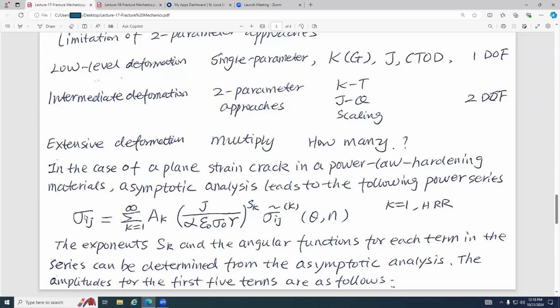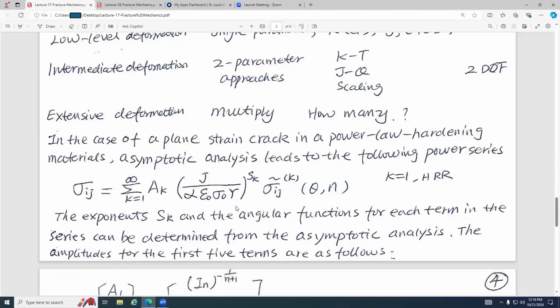This is sigma ij, okay? Sigma ij equals a sum over k from 1 to infinity, where a_k is a parameter, J is the J integral, alpha is a dimensionless factor, epsilon 0 is the reference strain, sigma 0 is the reference stress, and this is one value, okay?